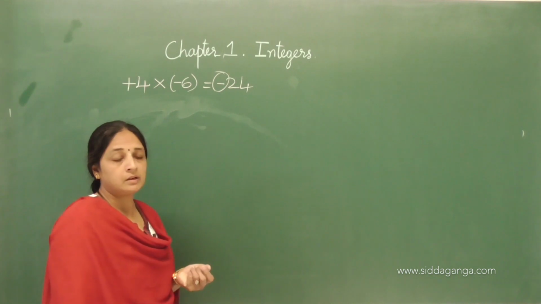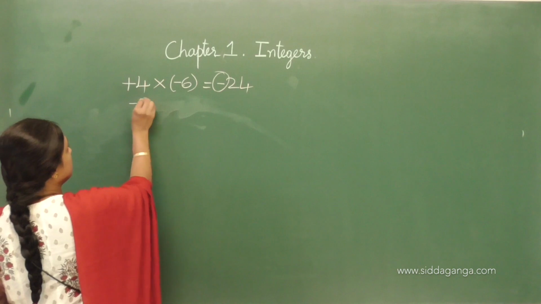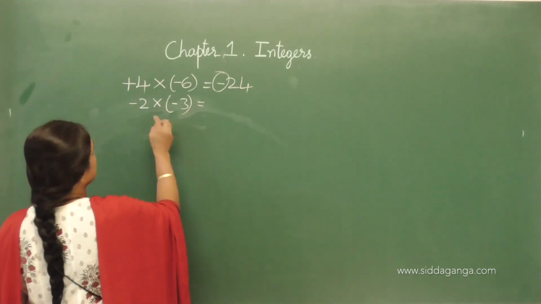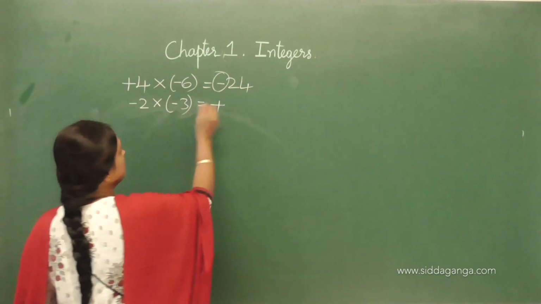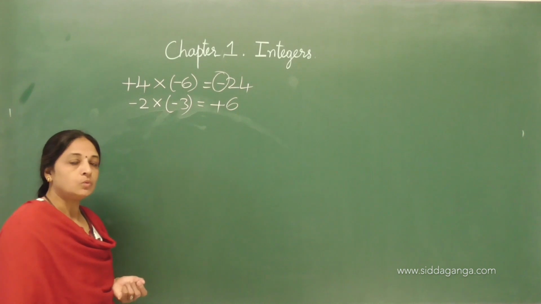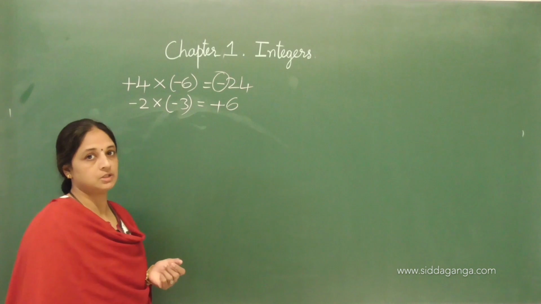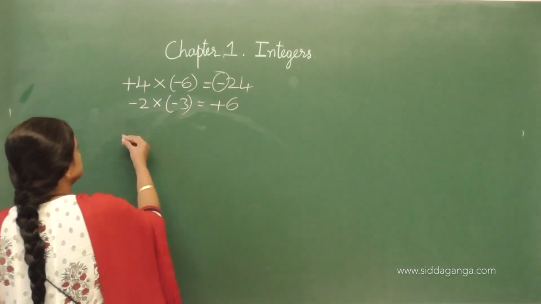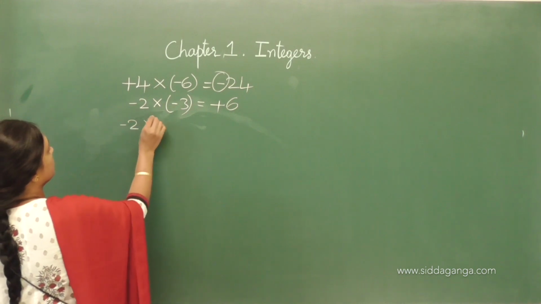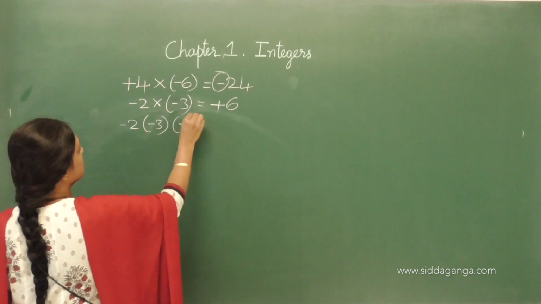When we multiply two negative integers, I take minus 2 into minus 3. Then minus into minus is plus, 2 3s are 6. When we multiply two negative integers, we always get a positive integer. Then take three negative integers: minus 2 into minus 3 into minus 4.